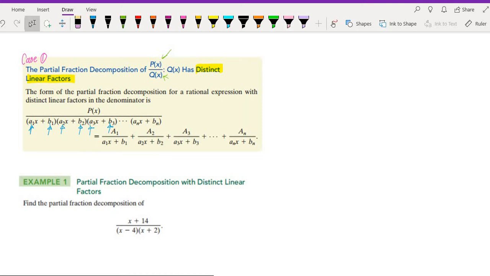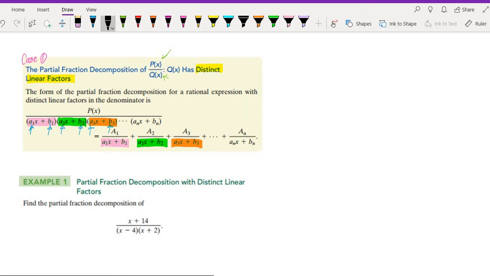So all we're doing here is turning it into a denominator, and with the second one, that will be plus A sub 2 over the second piece from here. Then you do the same thing for the third piece, and the letters just go on.